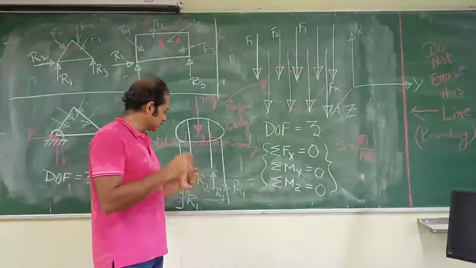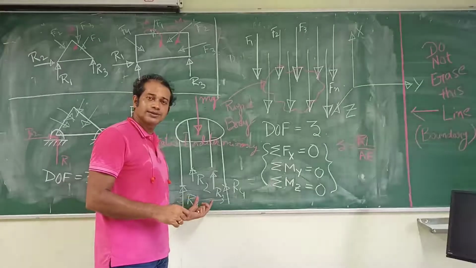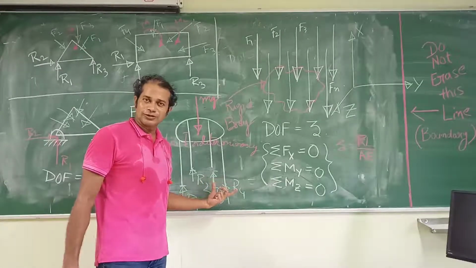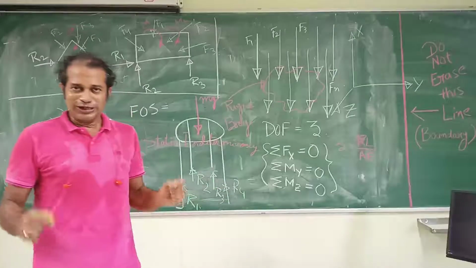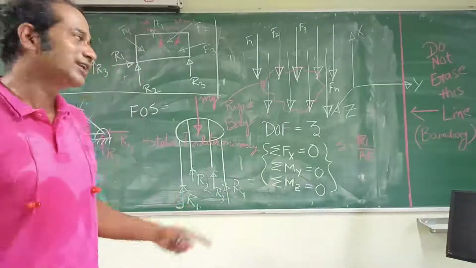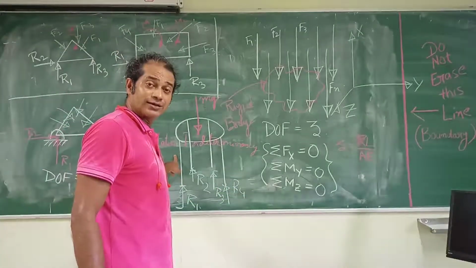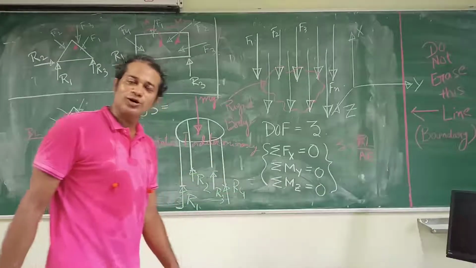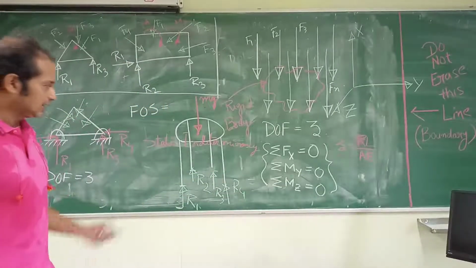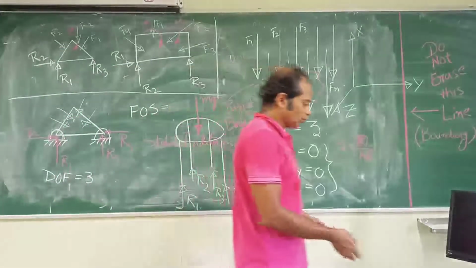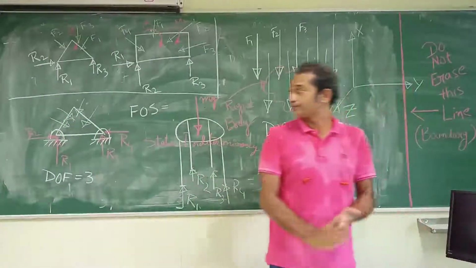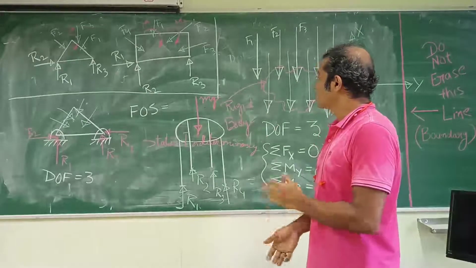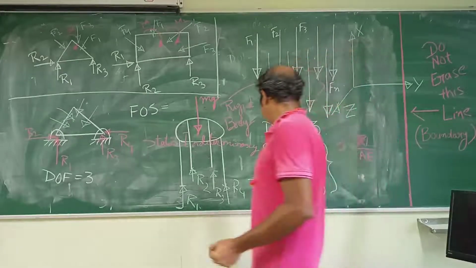So the whole load is to be shared by R2 and R4. So if you are 60 kg, essentially one member is supposed to take 30 kg, another 30 kg. So that is why we always take a factor of safety of 2. That's the thing. So with this we are going to conclude our degrees of freedom.